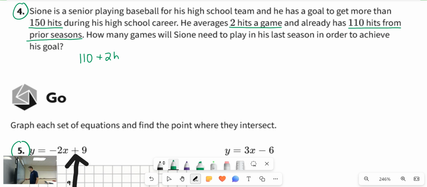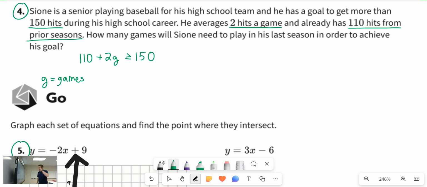Wait a second, we can't write that, because that would be 2 times his hits. We don't want that. Sorry, we need plus 2G, where G is games. We should write here G equals games. And that is going to be greater than or equal to 150, because that was the total hits.